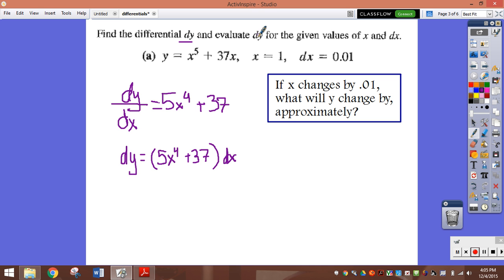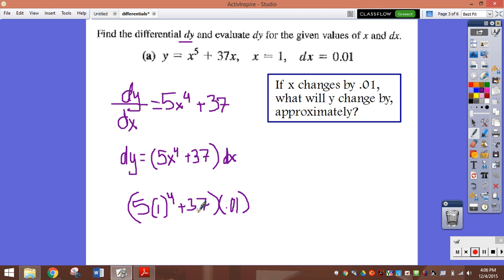And then it says evaluate dy for the given values of x and dx. So what this means is we're going to use this equation to approximate how much y changes when x changes by 0.01. And so what I would do is I would substitute 1 in for x and 0.01 in for dx. Okay, so 1 to the fourth is 1, 5 times that would just be 5.